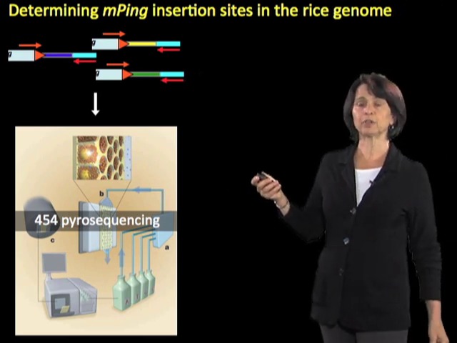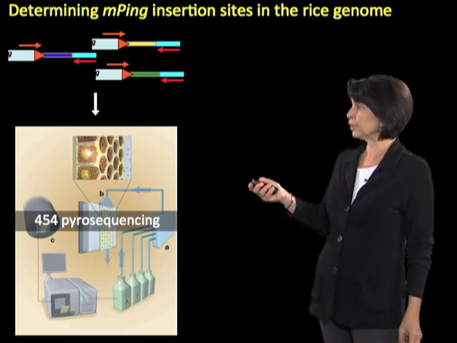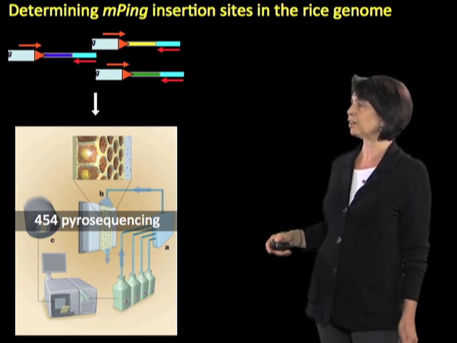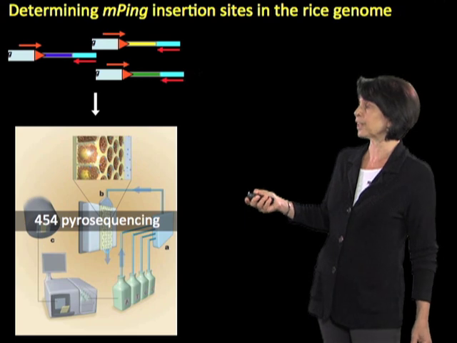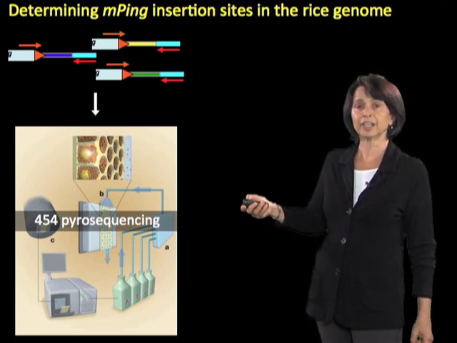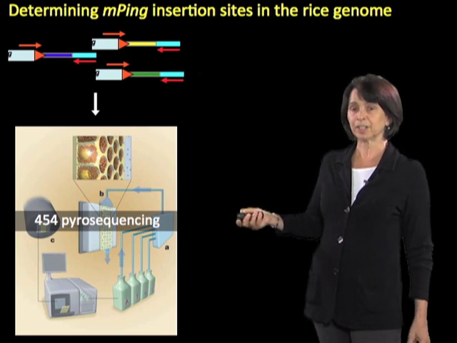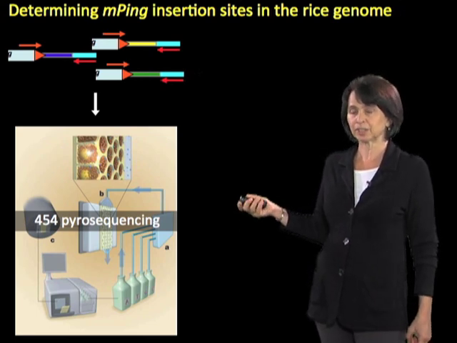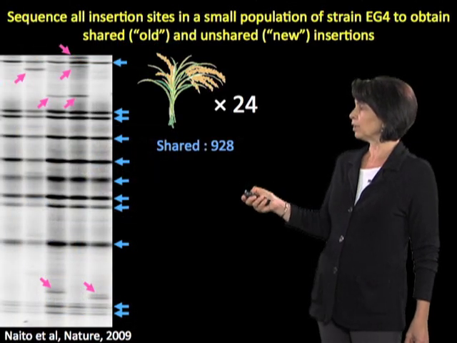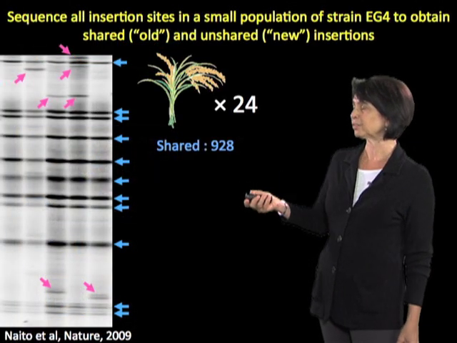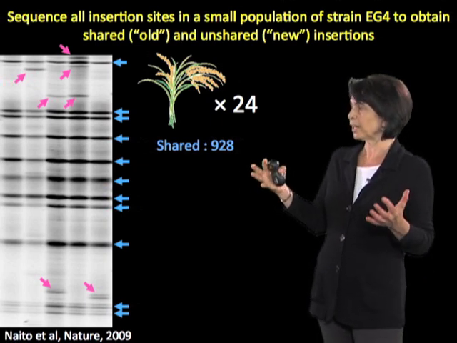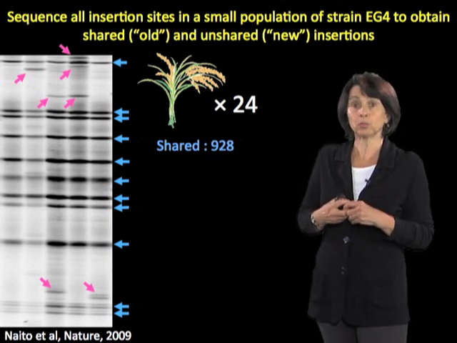In this case, we used 454 sequencing to sequence tens of thousands up to hundreds of thousands of flanking regions flanking the Emping insertion site to try to find out where Emping is. But more importantly, and this was an experiment done by Ken Naito when he was a postdoc in my lab, he figured out that the capacity for sequencing is so great that we don't have to restrict ourselves to one plant.